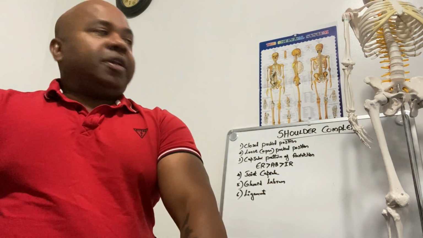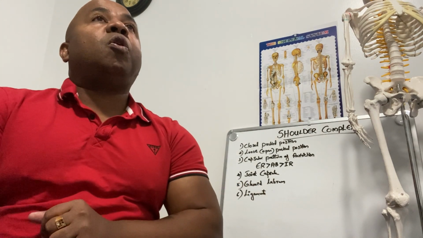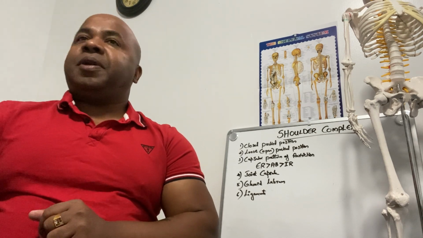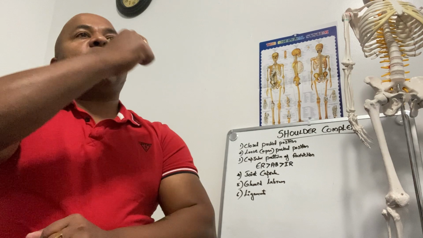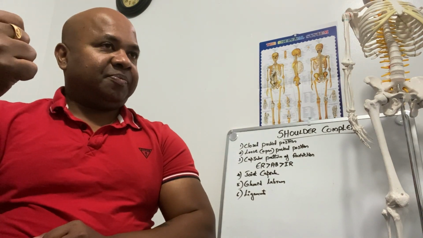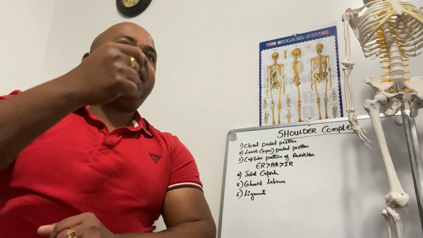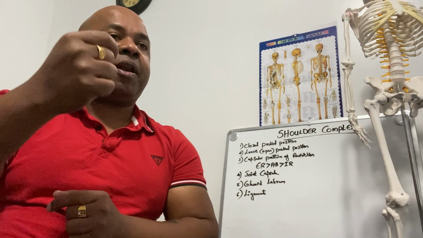Okay, so next let us see about the coracohumeral ligament. The coracohumeral ligament arises from the coracoid process and is inserted to the head of the humerus. It again has a medial and a lateral band.